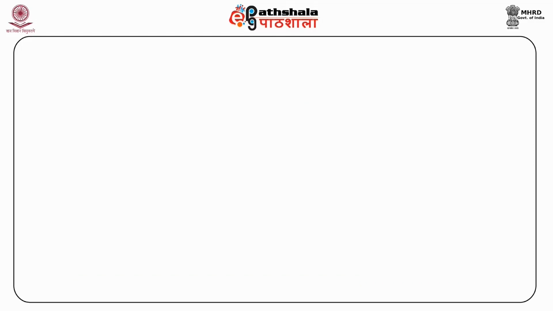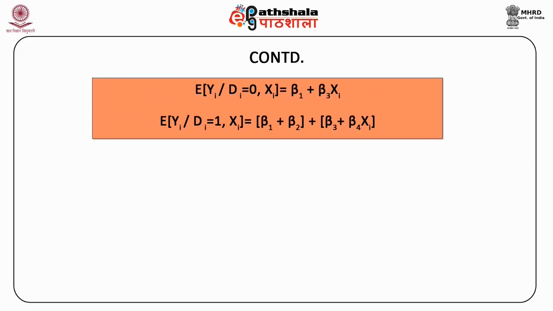Here we can take the conditional expectation of the previous equation for dummy variable di to be 0, that means for the base category, and we get expected value of y given di equal to 0 and xi being constant equal to beta 1 plus beta 3 xi.